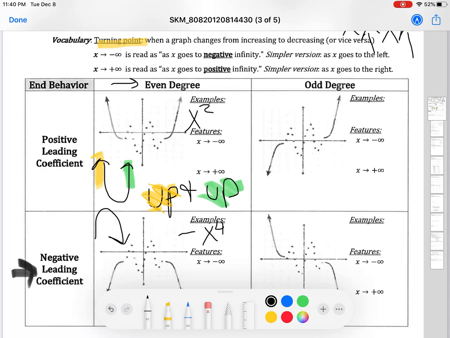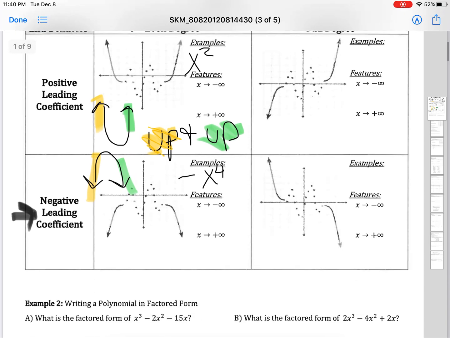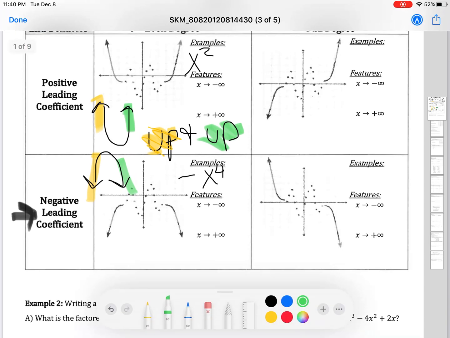So again, an example of that would be an upside down parabola. The negative sign would flip it upside down. What we do here is we just call this a down and down. Again, the left side goes down, and so does the right side. It also goes down, right? So there's the left side there, the left side, and the right side there.